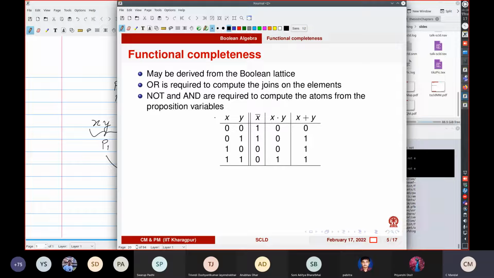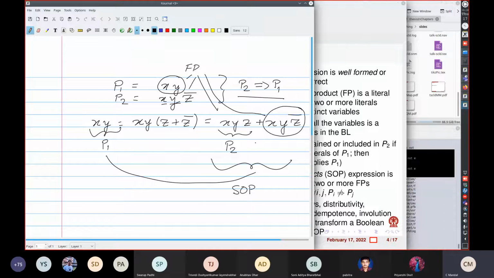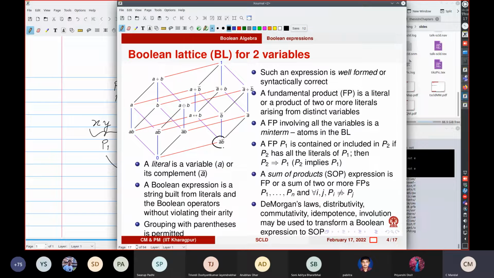The inspection of the Boolean lattice gives you some idea, because what you see is your atoms. To express your atoms, you need the meet, or you can say the AND operation, and the complement operation.